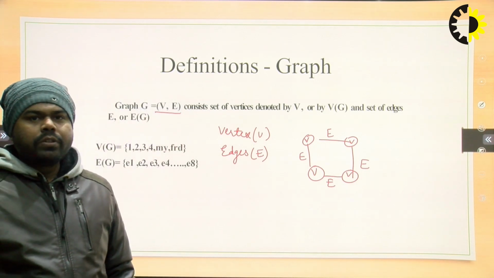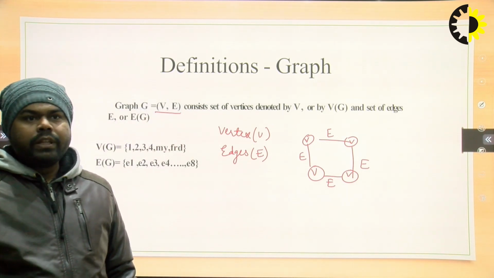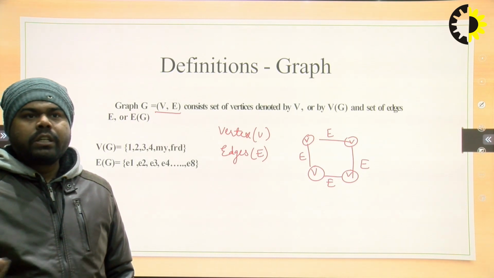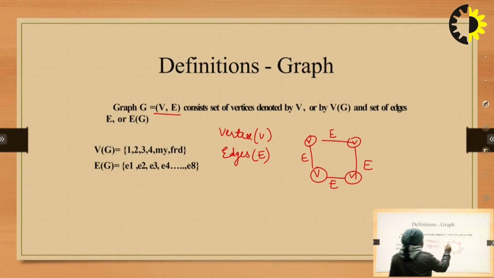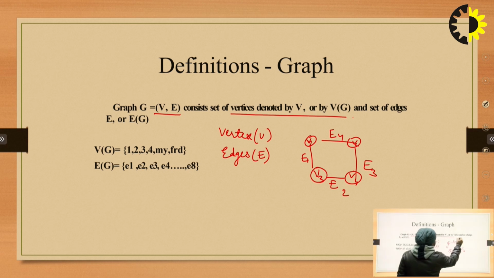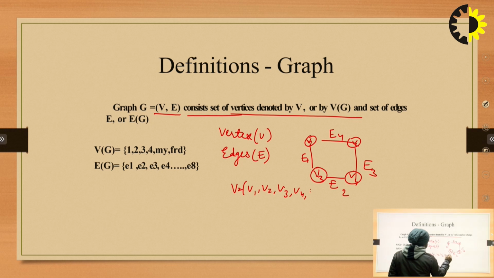By the definition of a graph, it consists of a set of vertices. Like this, I am giving v1, v2, v3 and v4, and e1, e2, e3 and e4. Vertices are denoted by V, a set of vertices, so V = {v1, v2, v3, v4, v5} as we can take it.